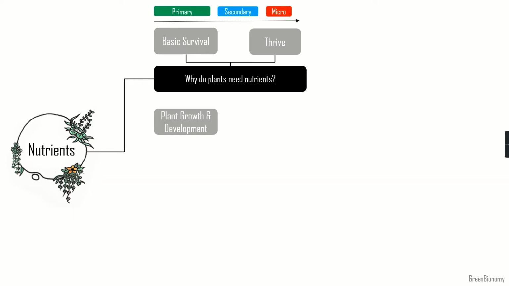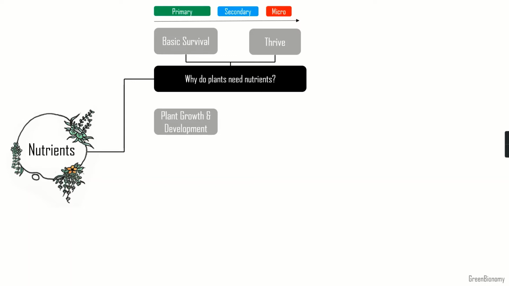Now, each of these elements or nutrients affect a specific function of plant growth and development. All right, and this function, as we've just seen, is more or less important depending on if it's a primary, secondary, or micro element.